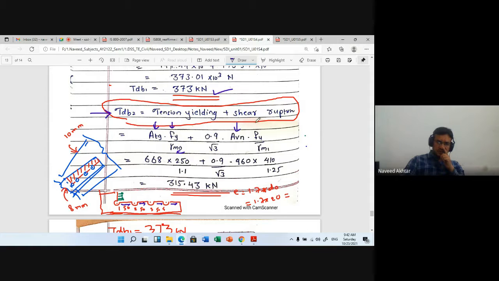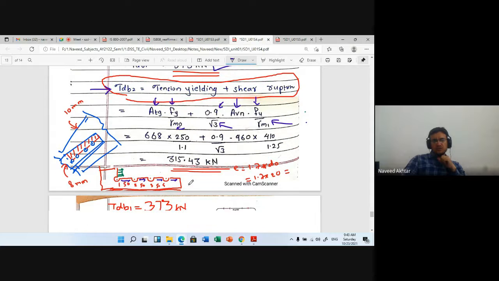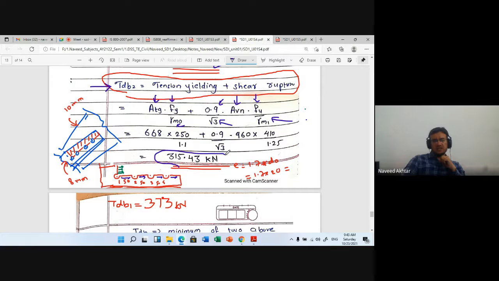If net area is there, then you have to consider the ultimate stress Fu, and if there is rupture or ultimate load, then gamma M1. Because there is shear, root 1 upon root 3 will be there, and due to tension we are considering 90%, that's why 0.9.